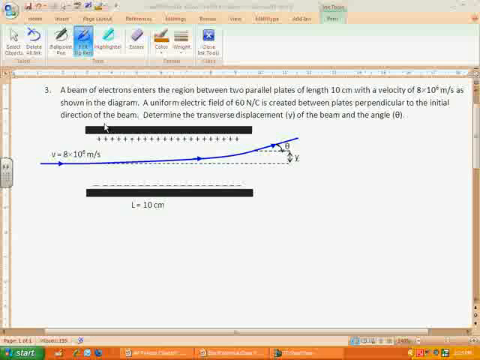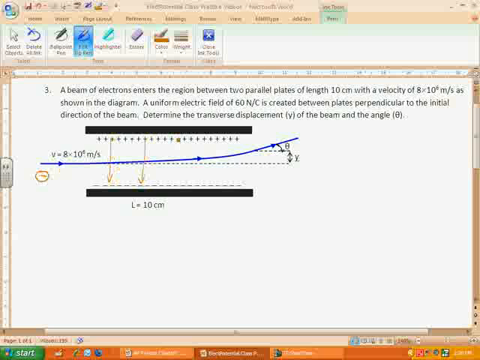Alright, so the first problem that we're going to look at is a beam of electrons. So we know it's an electron. We know the charge. We can find the mass if we need to. It's going to go between two parallel plates of length 10 centimeters. It gives us the velocity of the electron as it enters that field, and then it tells us what the field is.